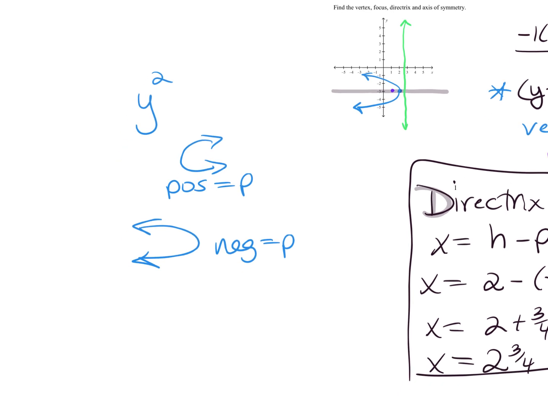Then for the x squared equation, it'll be the u when p is positive, and then upside down u when your p-value is negative. So you're going to look to see what number's in front of that non-squared variable. And that's what I'm talking about, the positive and the negative.